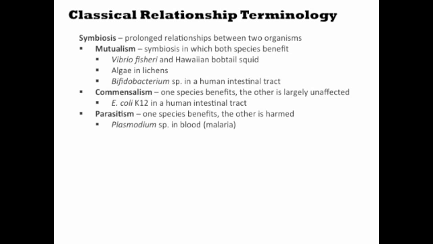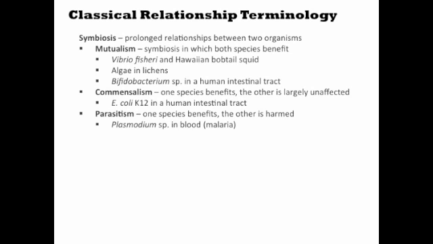An example of mutualism is like Vibrio fischeri and the bobtail squid, where you have a population of bacteria in a specific organ that, when squeezed in the right way, that population will glow. And that helps, actually I'm not quite sure exactly what the squid does with that, but it's somehow useful for the squid, and it's useful for the bacteria because they have a place to live and get food.